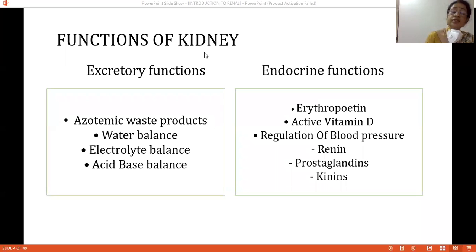But not only the excretory function, there is an endocrine function also. It secretes erythropoietin, active vitamin D, and regulates blood pressure through the renin-angiotensin mechanism. These are renin, prostaglandins, and kinins, through which our blood pressure is maintained.